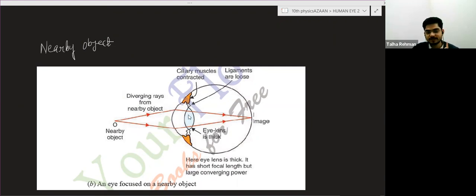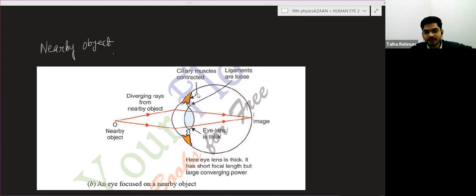this eye lens. Now, to converge these diverging rays, more power of the eye lens is required, more converging power is required, because the rays are already diverged and you want to converge them. So large converging power will be required, and for that, the focal length of the lens will change by the action of the ciliary muscle.